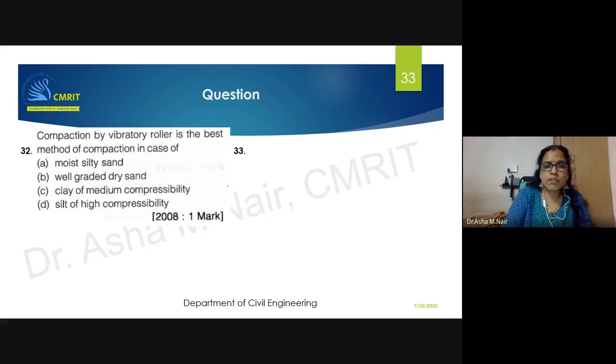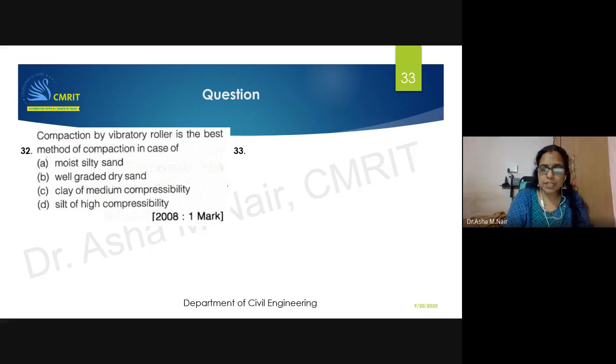Compaction by vibratory roller is best suited for the compaction of which soil? Moist sand? It will be very difficult because the water will try to cover up the sand and prevent it from getting into a stronger binding. Well graded dry sand, yes, it is a good choice.